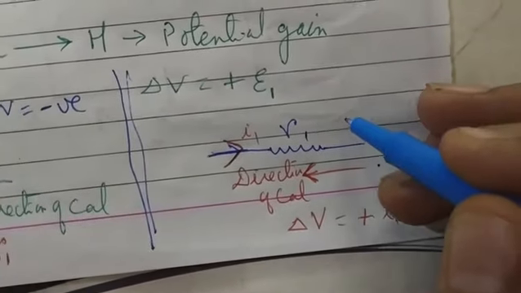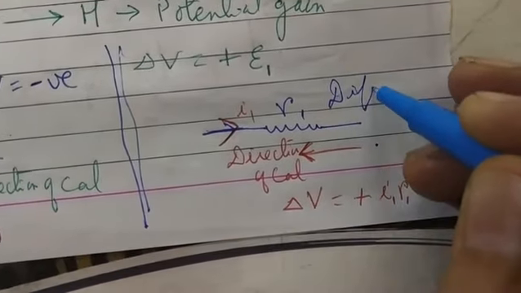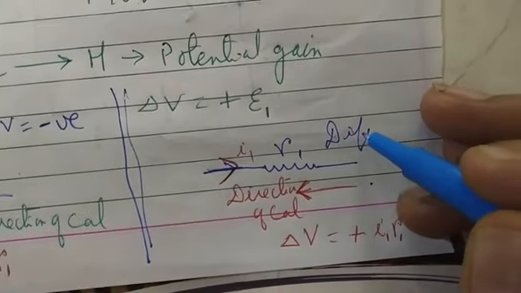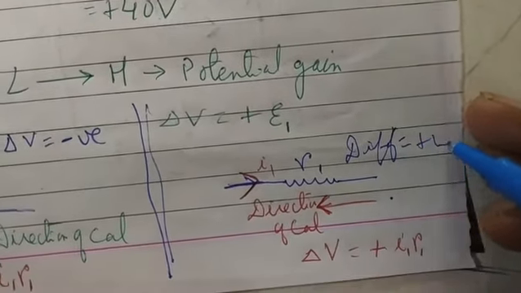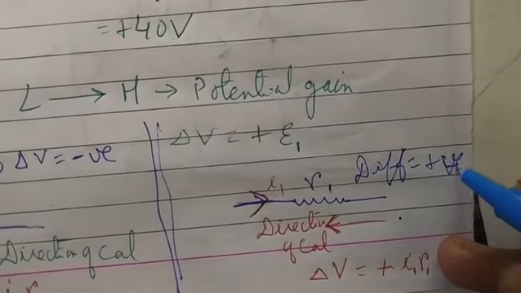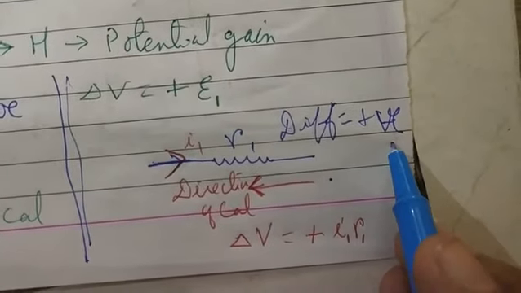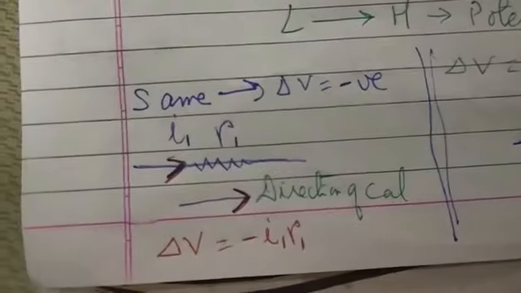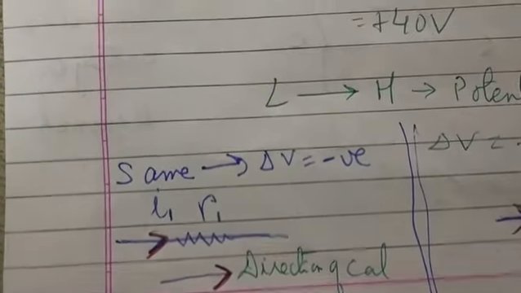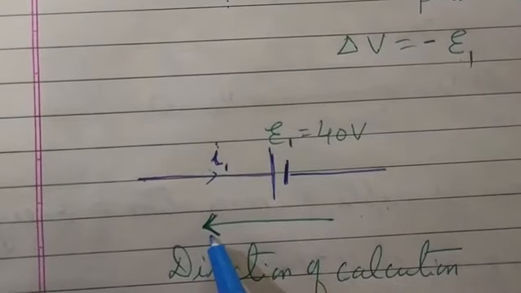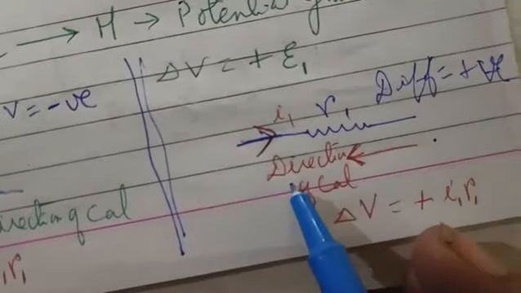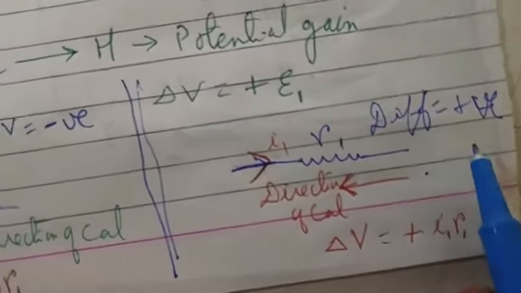So remember: in the cell you have to see the ending point of the direction of calculation, and in the resistor, if both are the same, then negative; if they are opposite, then positive.